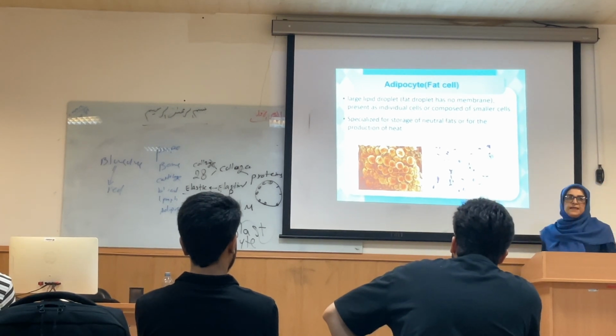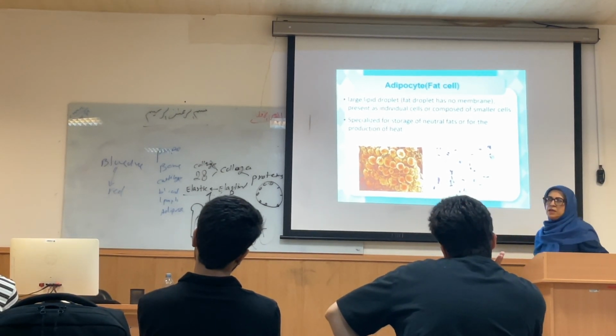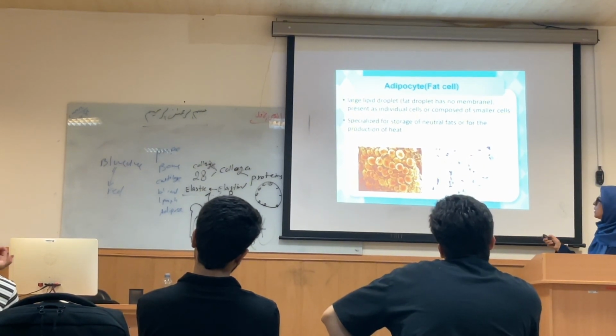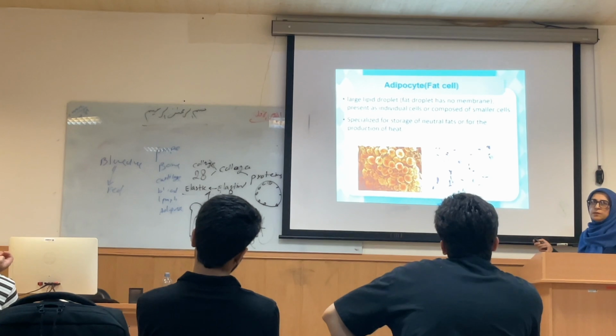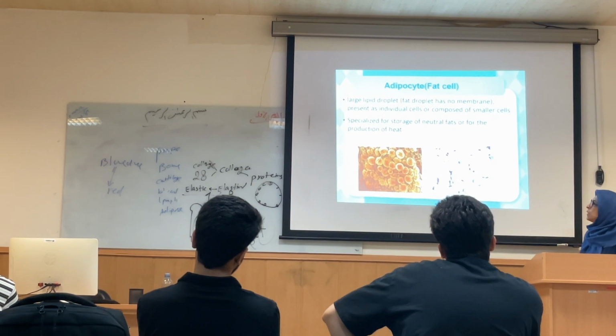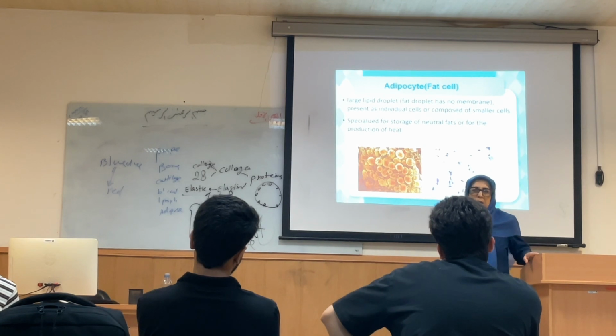Adipocytes, fat cells, are other cells that are in the proper connective tissue. They are white colored, polygonal cells that we can see in the connective tissue. These cells include one droplet of fat, lipid.